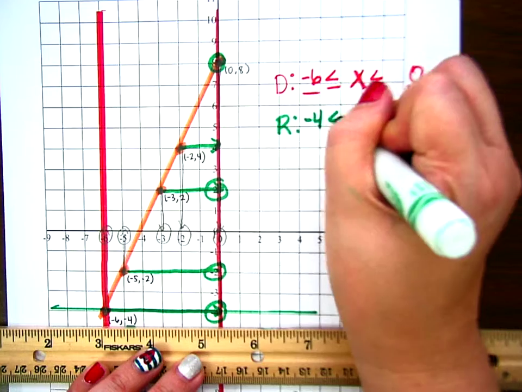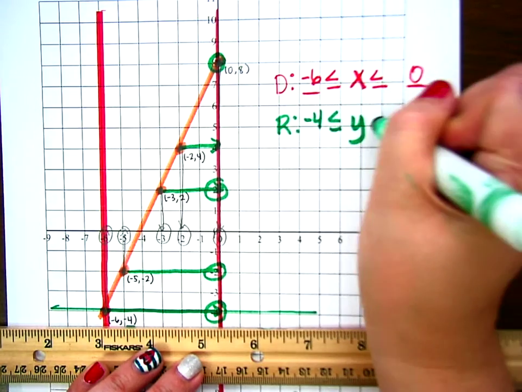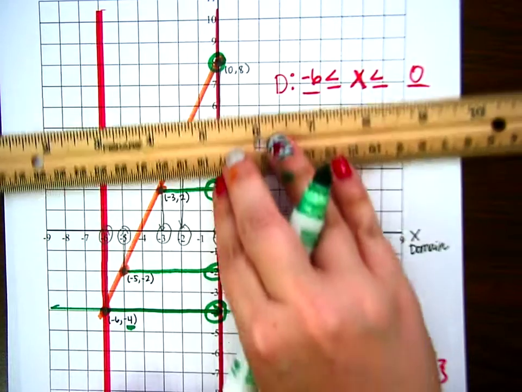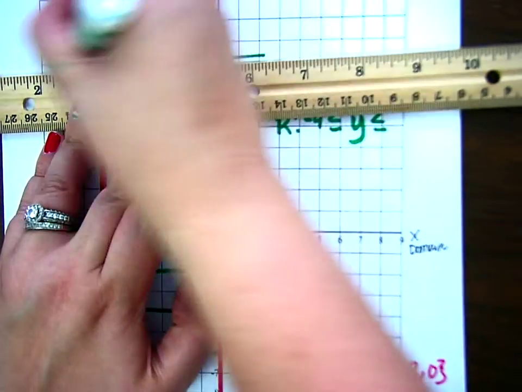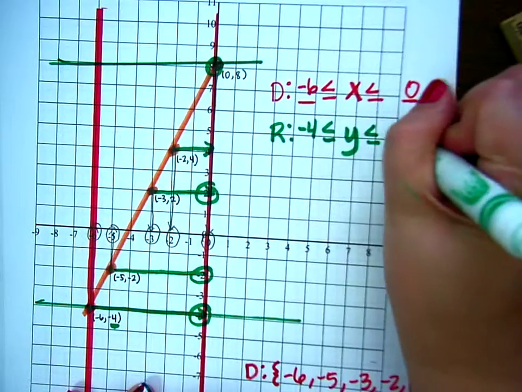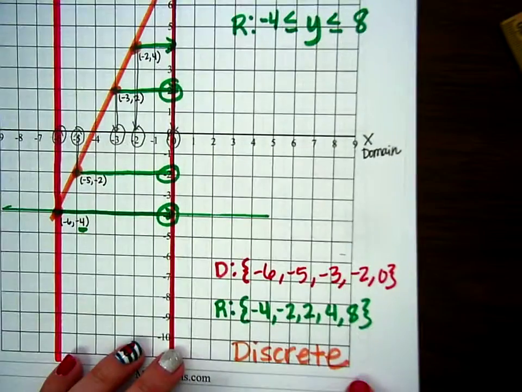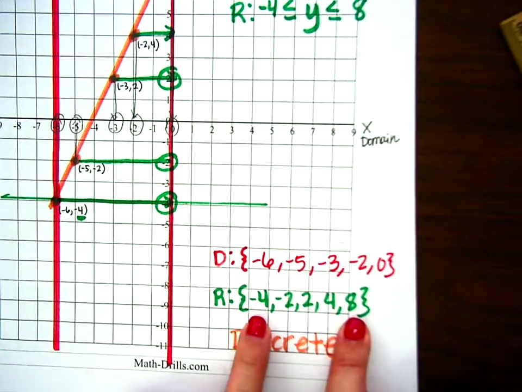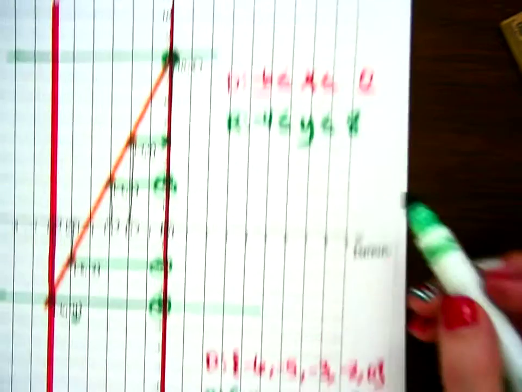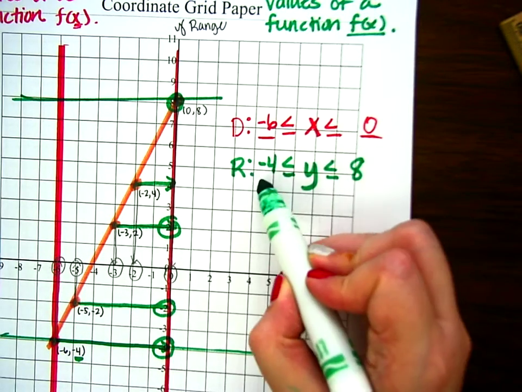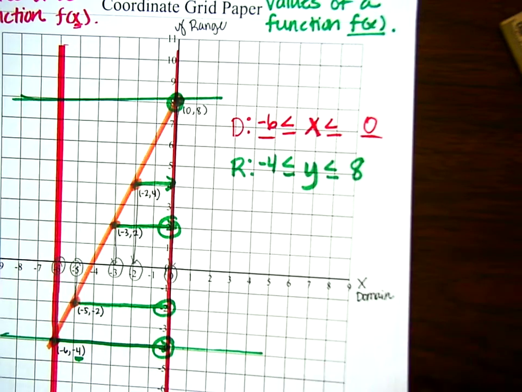So y is everything that's greater than -4 but less than 8. Again, it should match up to this. This was my lowest y value and this was my greatest y value. So therefore y is everything that is in between -4 and 8.